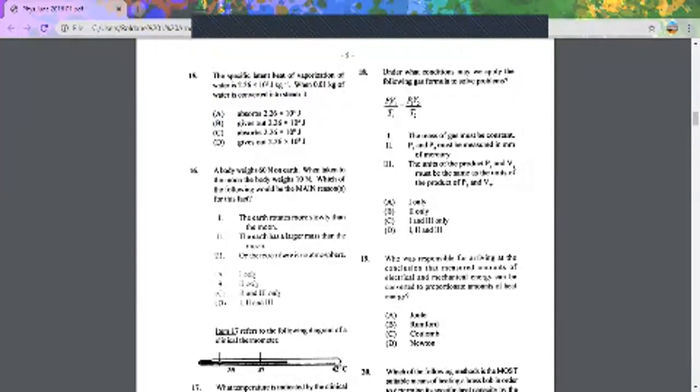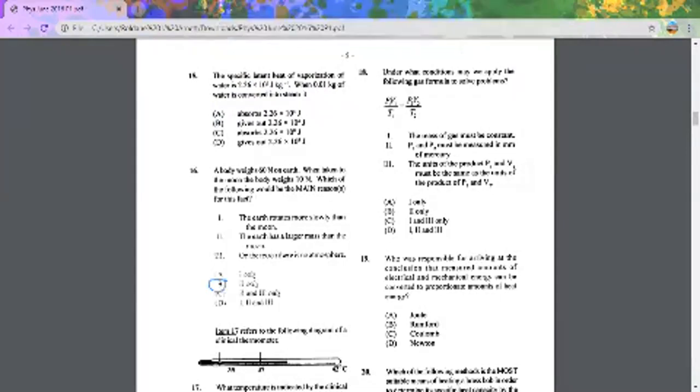That sounds credible. Yeah, that sounds true. It's true. On the moon, there is no atmosphere. Let's go with B, which is 2 only. That's the answer. Because the mass is different, the gravitational pull of the moon would be different. And we know it's less, so the body is going to weigh much less.